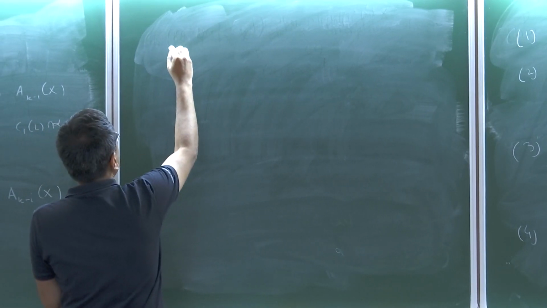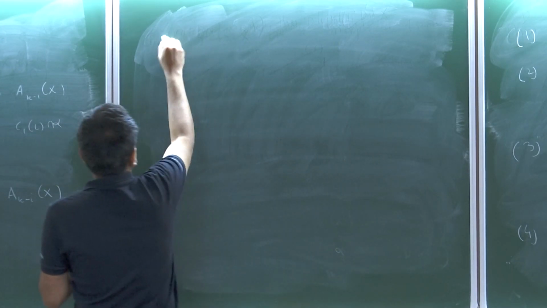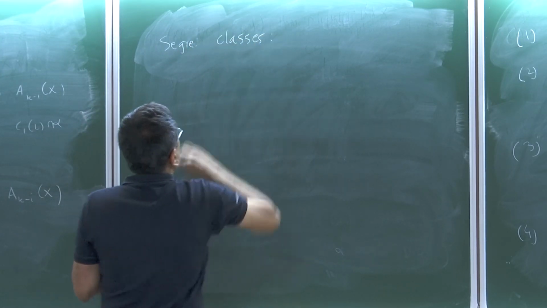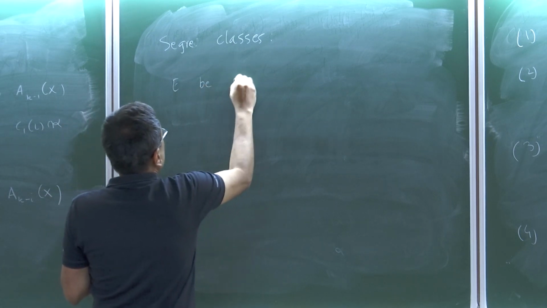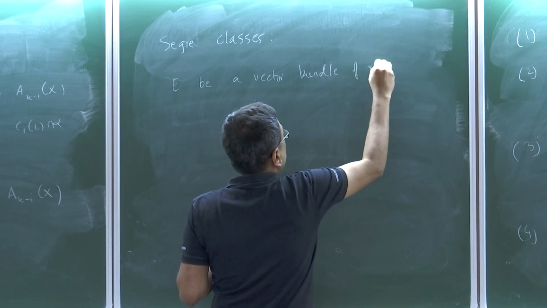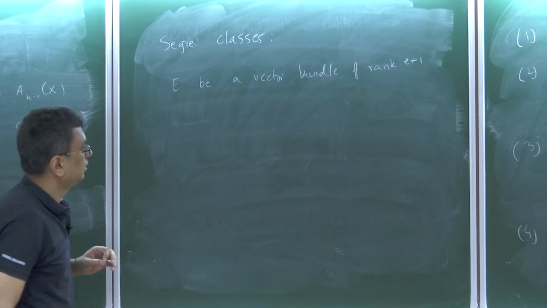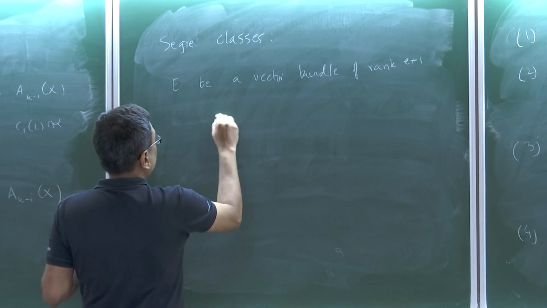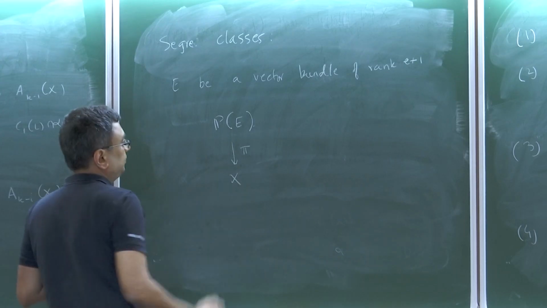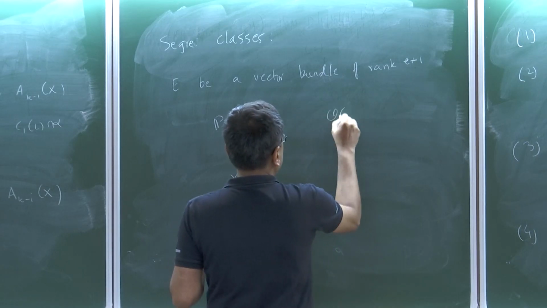So first what we will do is we will define what are called Segre classes. Okay, so let E be a vector bundle of rank e plus 1, and then I take the projectivization of E. Let's say this map to X is pi, and on this projectivization I have this line bundle O(1).